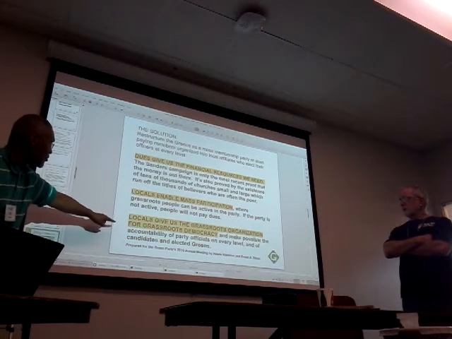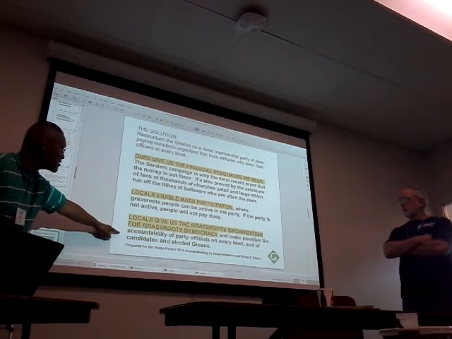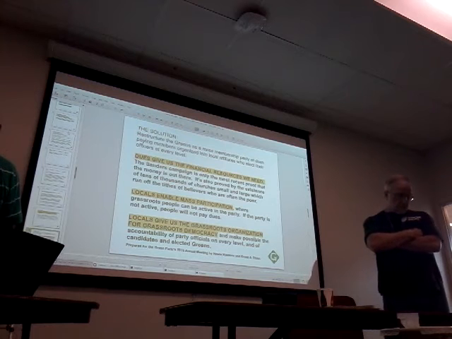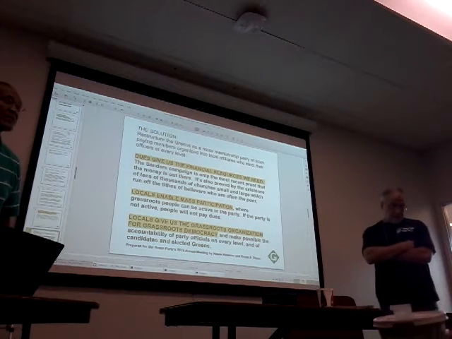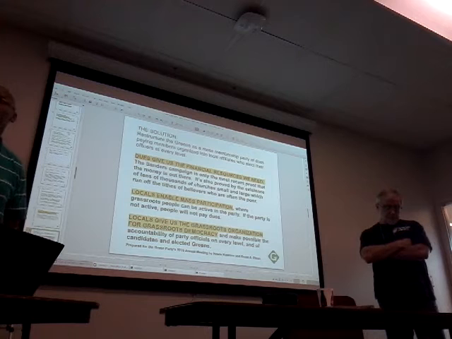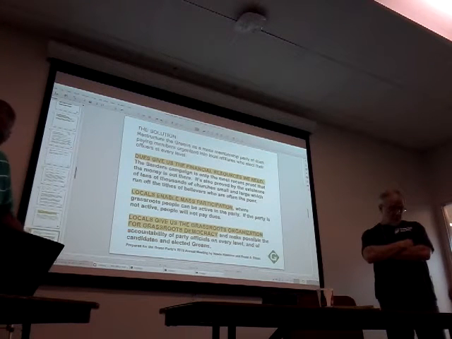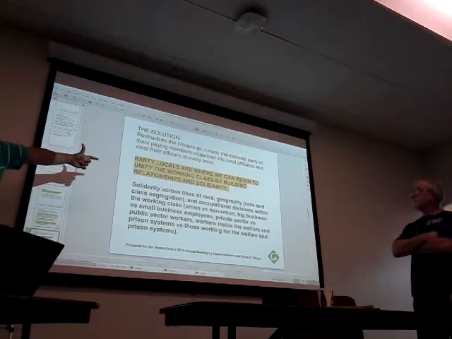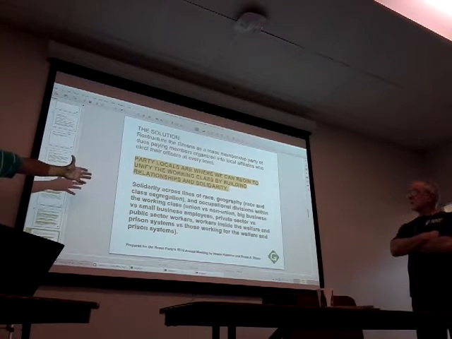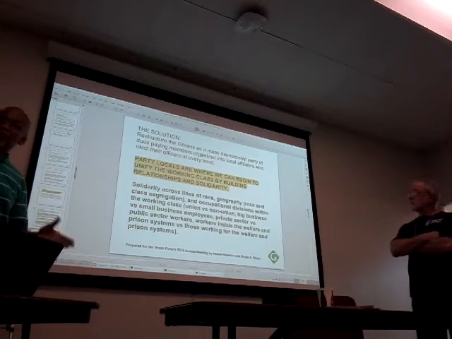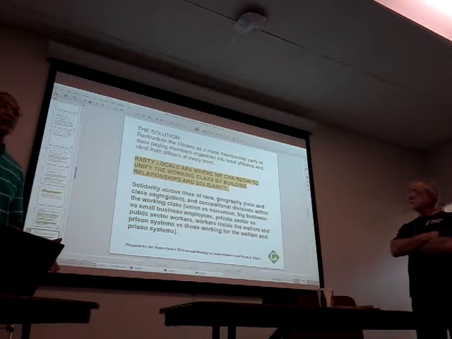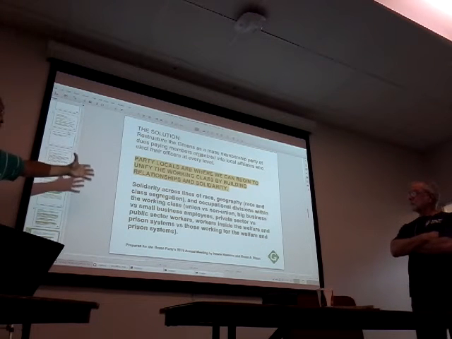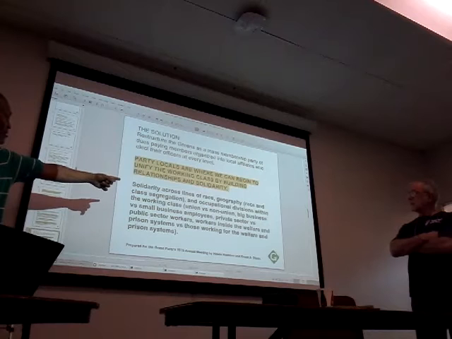Active locals make possible the accountability of party officials on every level and accountability of campaigns and candidates, which are often not accountable. Party locals are where we can begin to unify the working class by building relationships and solidarity. Solidarity across lines of race, geography, solidarity across occupational divisions.